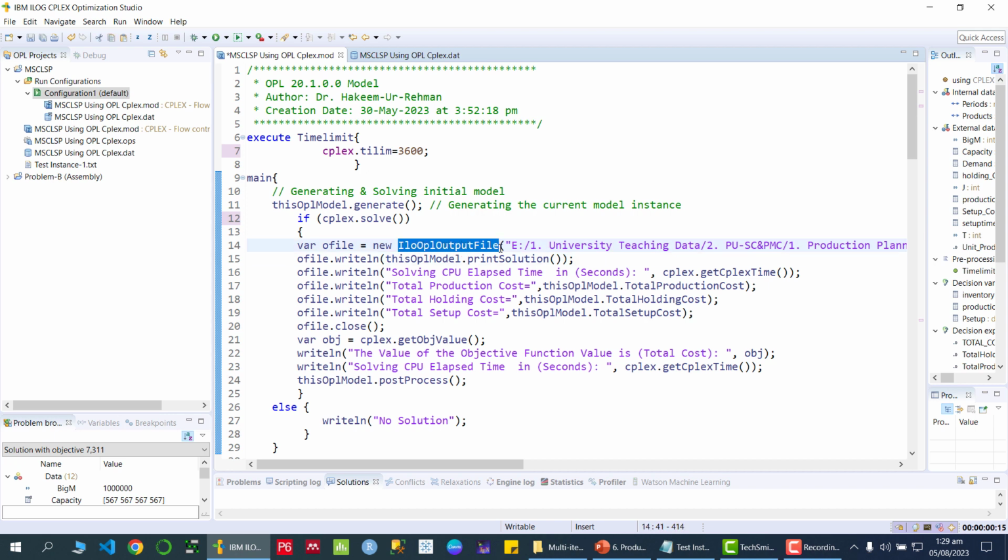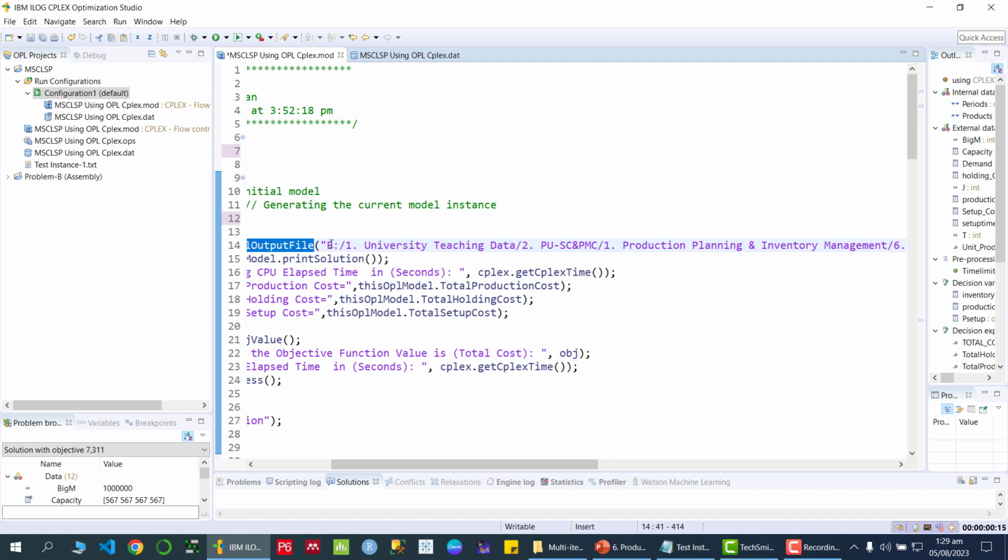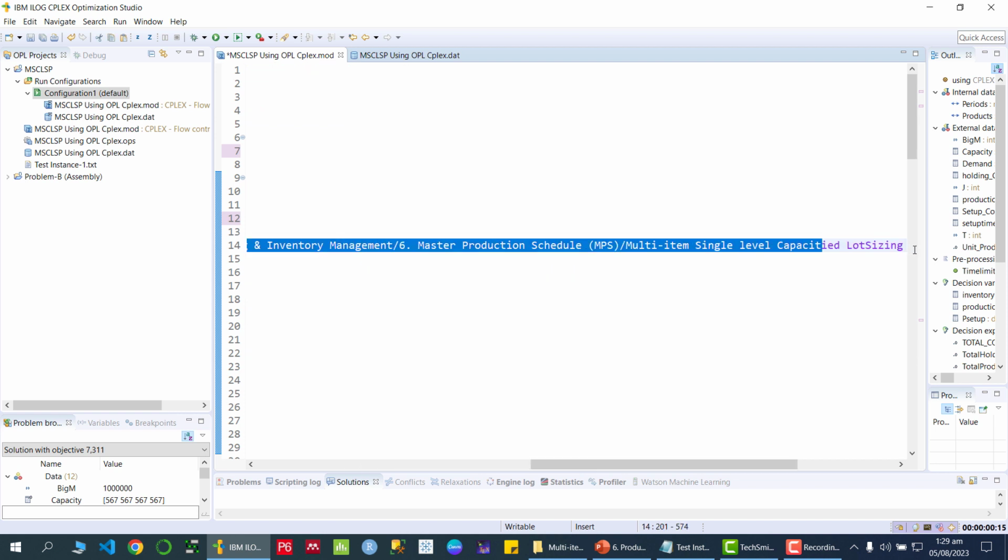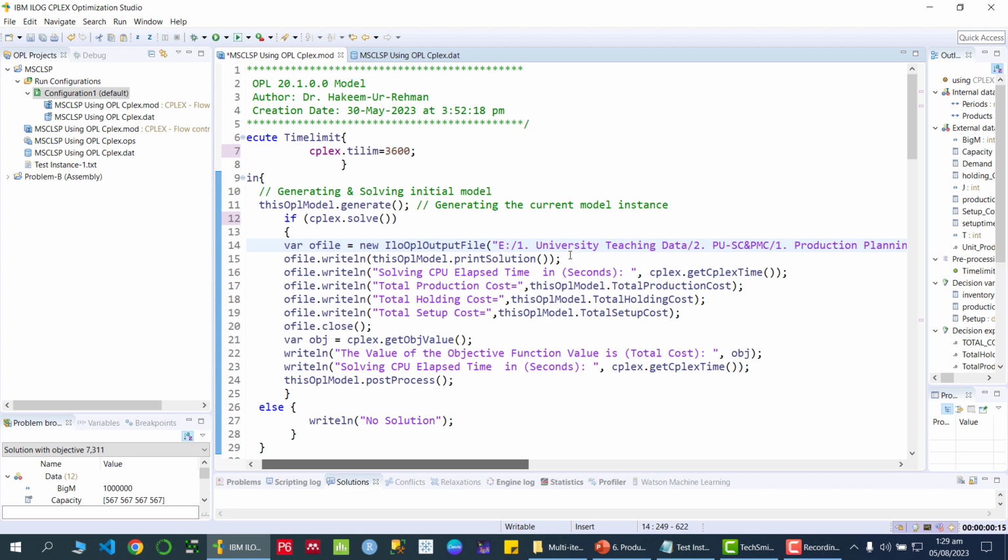That is the function, and I am mentioning the entire address where I want to store this file. So the name of the solution file is this one. Remember that when you are giving the path, it should be the front slash. There should be no backslash. Otherwise it is not going to give the solution.